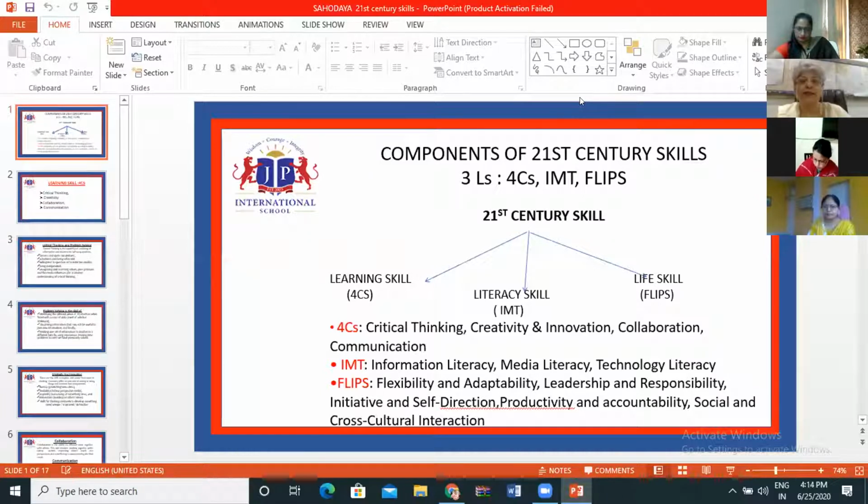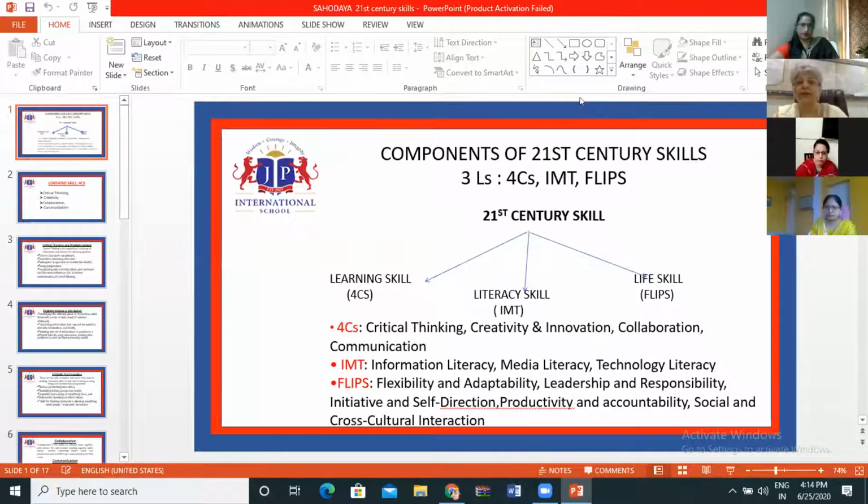Now, learning skill has 4 C's. Those 4 C's depict critical thinking, creativity and innovation, collaboration, and communication. Literacy skill has all the three skills that are information, media, and technology. And life skills, there are many of them.